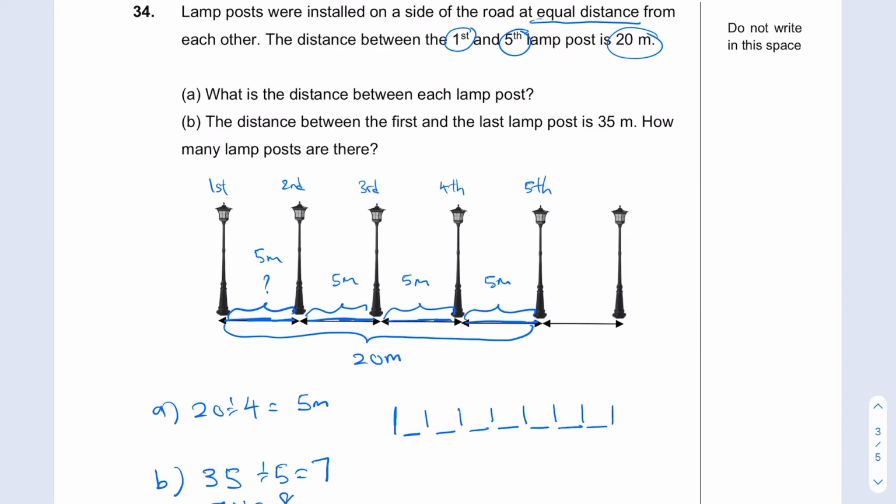And how many lampposts are there? 1, 2, 3, 4, 5, 6, 7, 8. 8 lampposts in total. So for A, 5 meters, B, 8 lampposts.